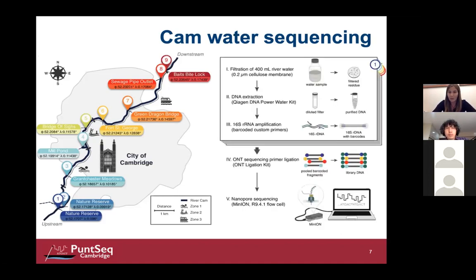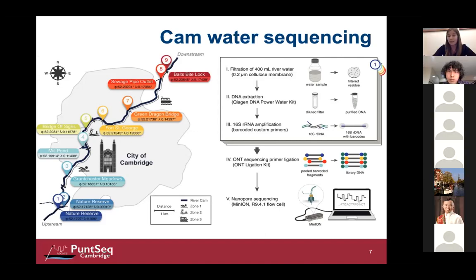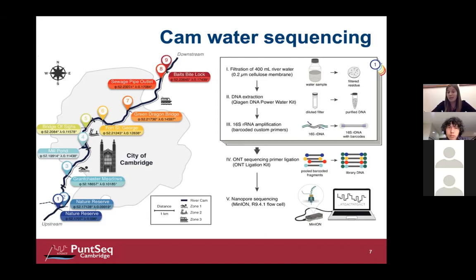What we did then was filter 400 milliliters of river water of these samples through a cellulose membrane. We would then do typical DNA extraction using a standard QIAGEN kit. We would then do 16S rRNA amplification, so specific bacterial 16S primers, and we use barcoded primers, which means that we can barcode up to 12 samples on the very same flow cell.